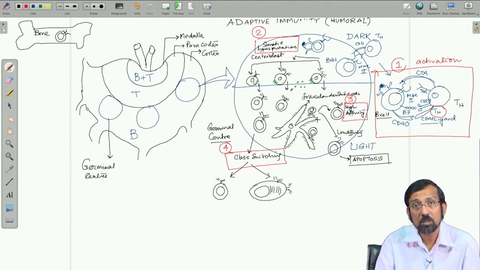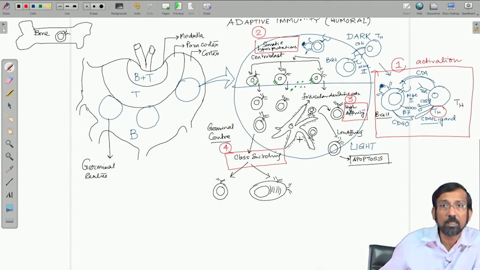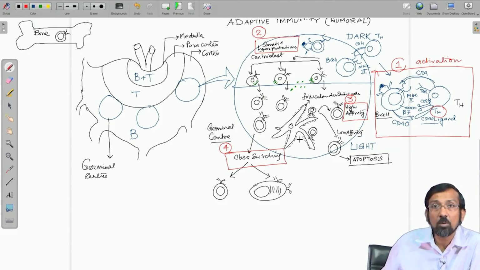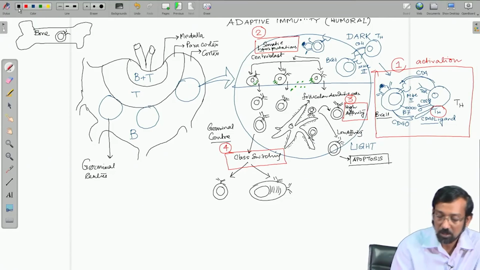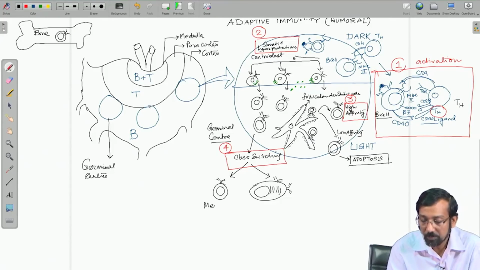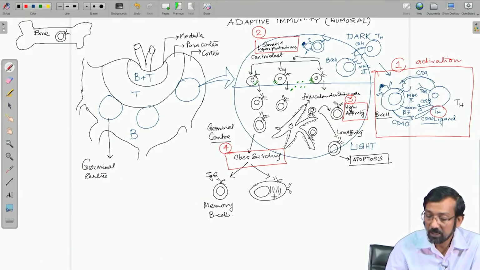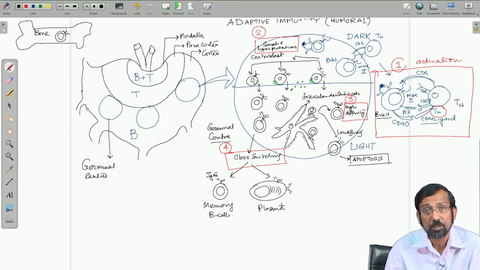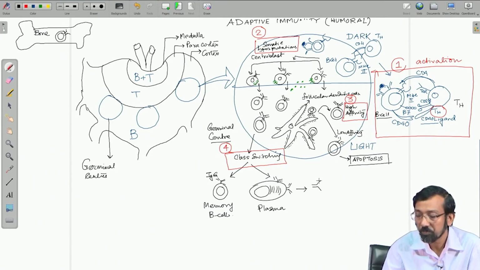Those which are selected for the high affinity antibodies will now undergo class switching, and then they will produce either the memory B cells, expressing IgG, or the plasma cells, which produce different types of immunoglobulins and secrete the antibodies.